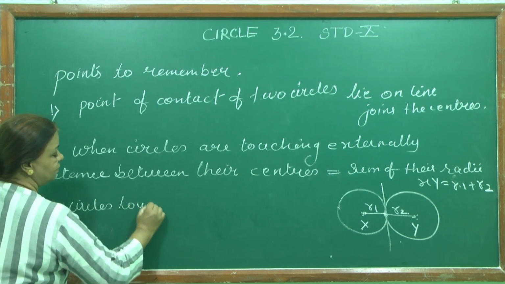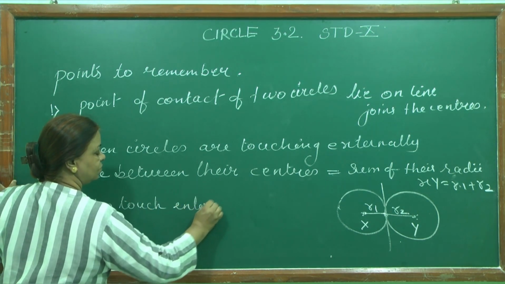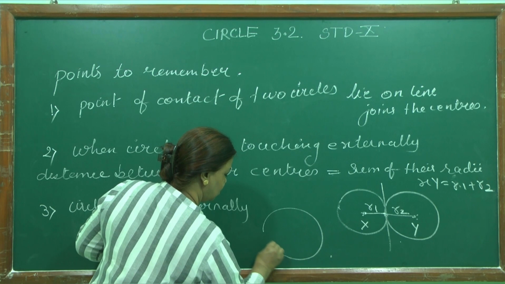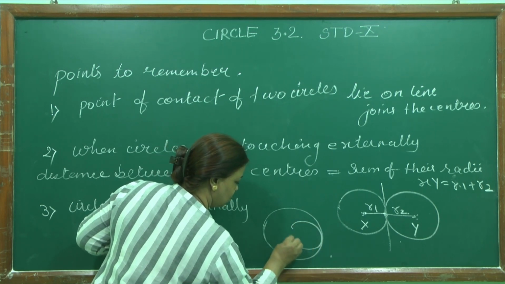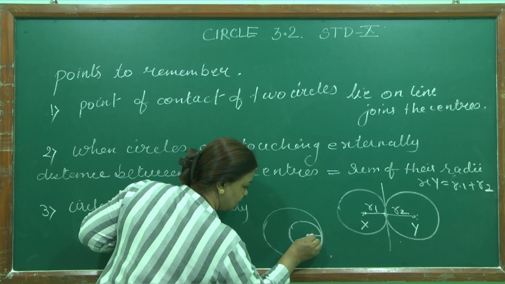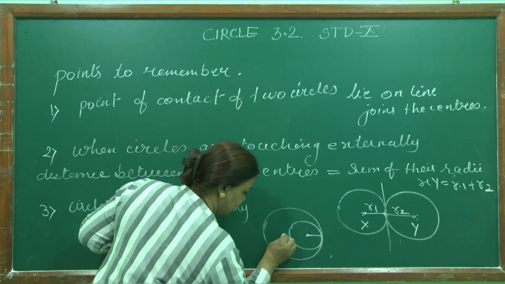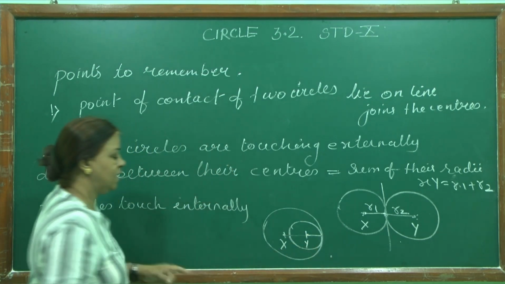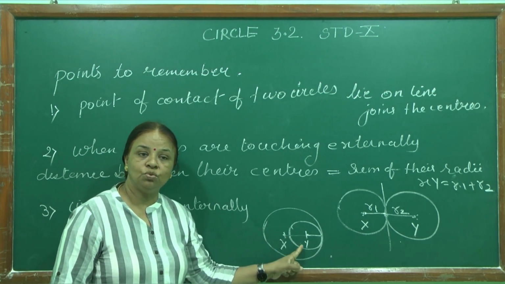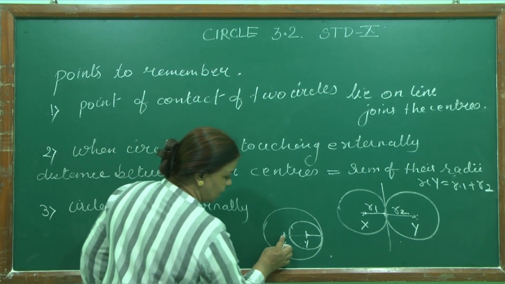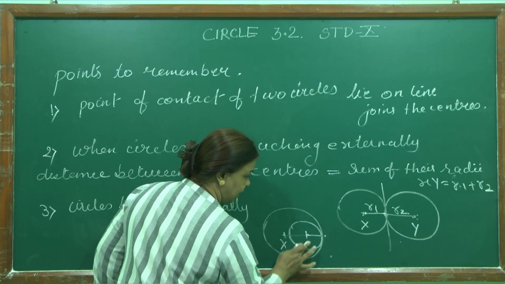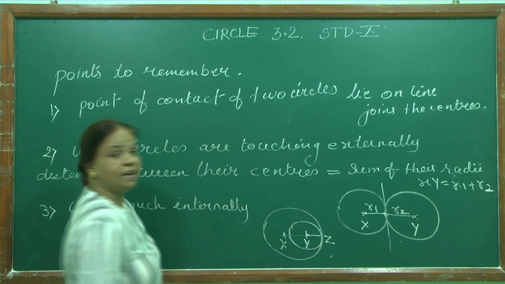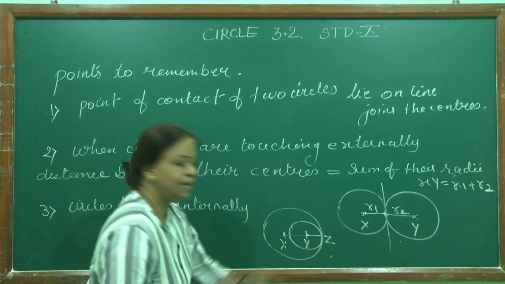And third point is, if the circles touch internally, this is the figure. What would be the distance? This is the radius of the smaller circle and this is the radius of the bigger circle. If this point is x, this point is y, what would be the distance between these two centers? Let us say it is touching at point z. So xz is the radius of the big circle and yz is the radius of the smaller circle.